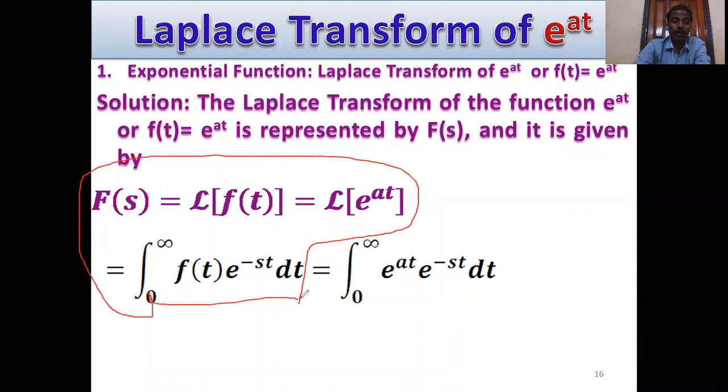And then put f of t equals e to the power at. This is our main target.